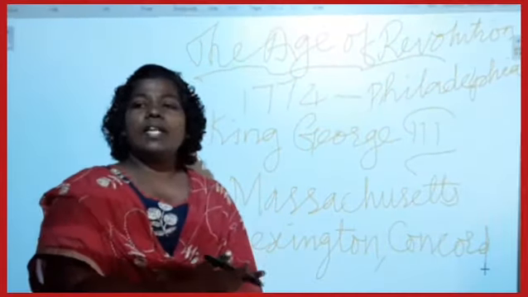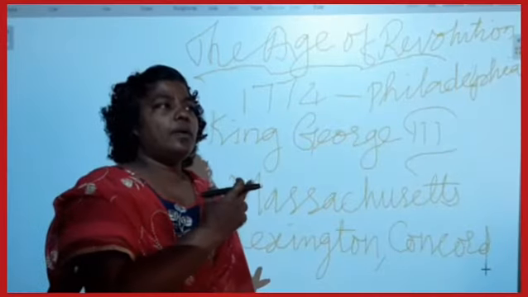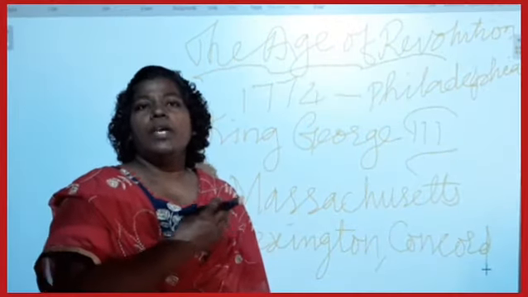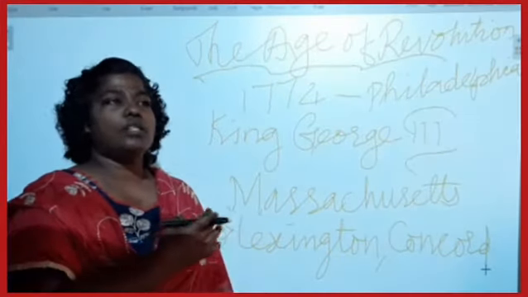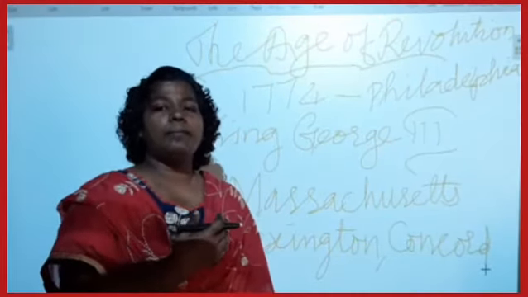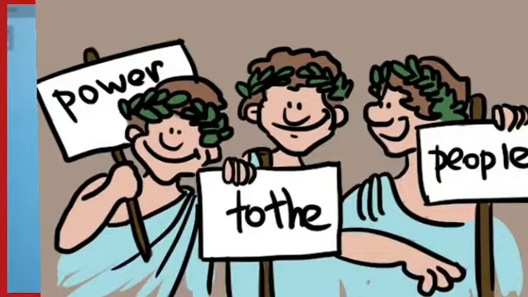The next thing is that the basic ideas of liberty, fraternity and sovereignty became popular, because it started to form a democratic way of government, as the president was an elected ruler.